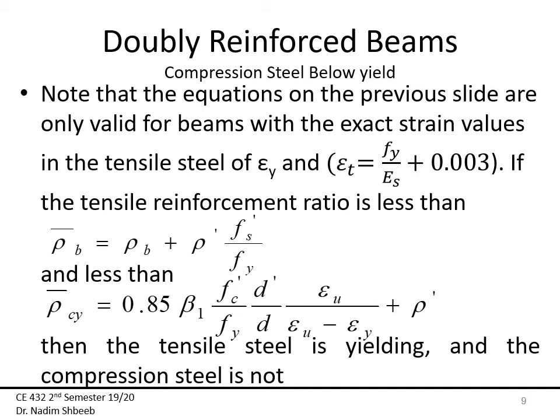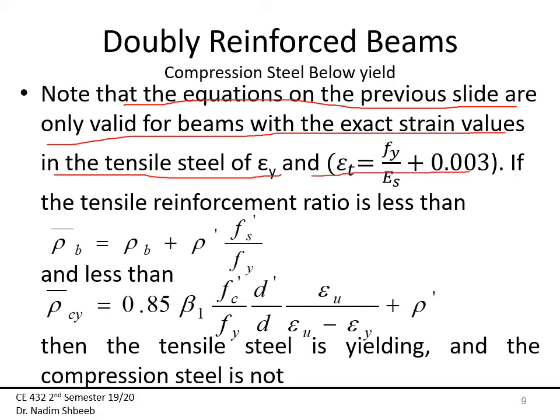So the equations on the previous slides, I mean for the values of fs, are only valid with the exact strain values in the tensile steel of epsilon y and epsilon t equal to that. If the tensile reinforcement ratio again is less than rho balance and less than rho cy, then the tensile steel is yielding and the compression steel is not.